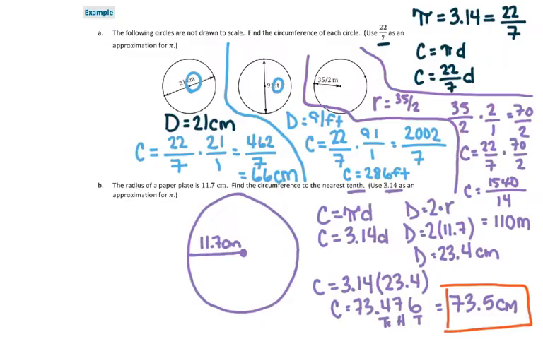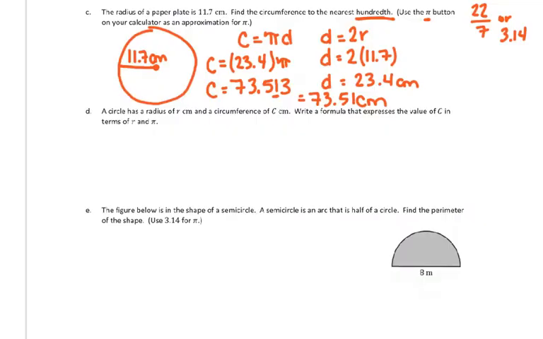Because remember, back here it was actually 73.476. Here it's 73.513. So there's a little bit of a difference in terms of that decimal. So this is actually a closer answer than the answer that we had previously. So here is the circumference of our paper plate.